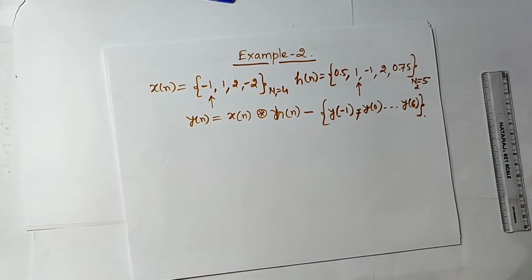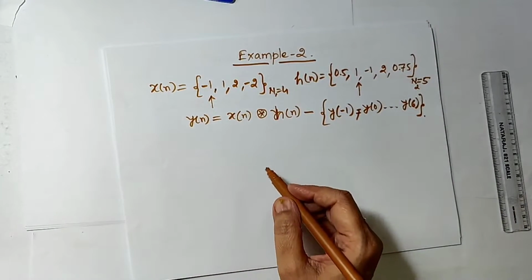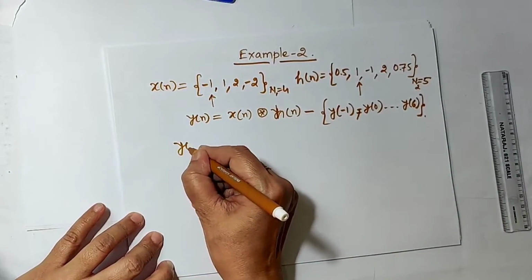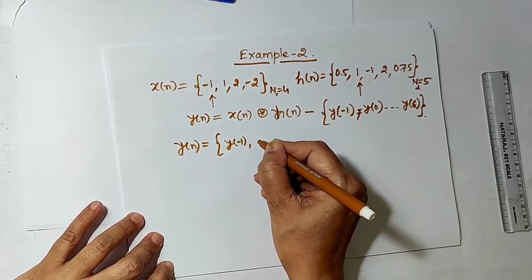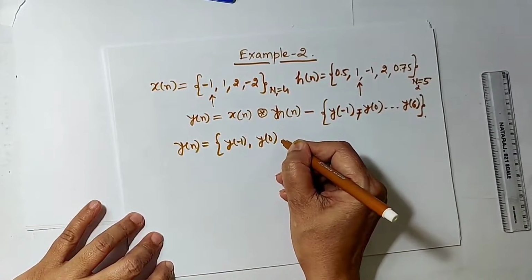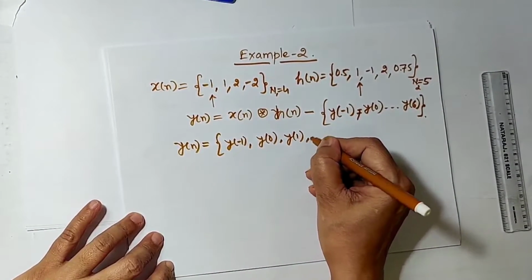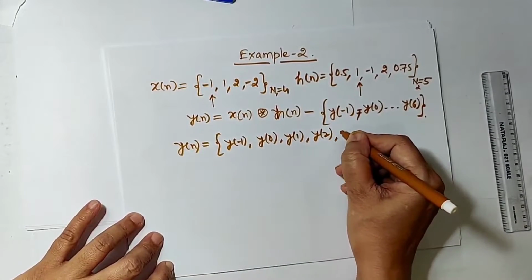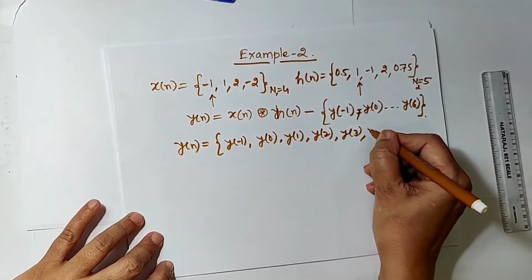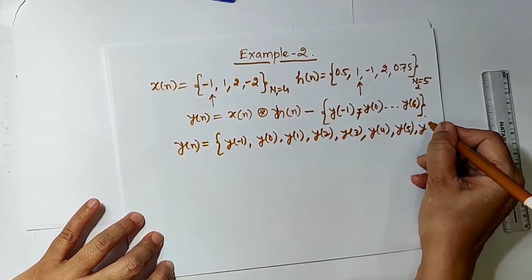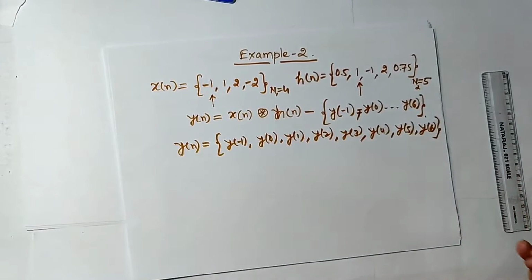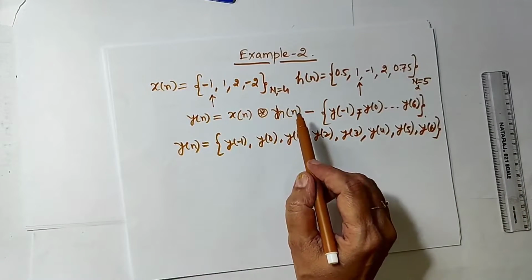This is the definition. We know that linear convolution will give the result like this. It means that yn will definitely have y of minus 1, y of 0, 1, 2, 3, 4, 5 and 6.